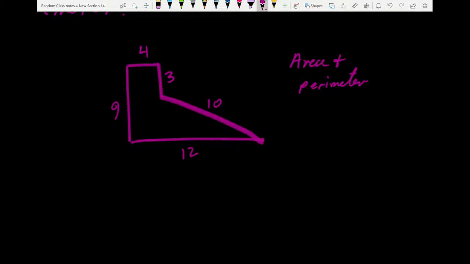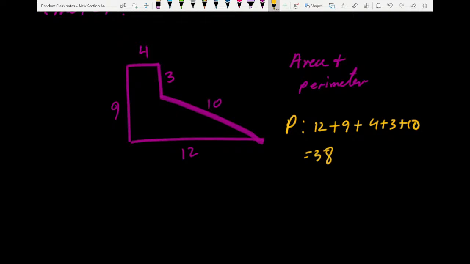First thing first, we could find the perimeter. Perimeter would be super easy. What would be the perimeter? 12 plus 9 plus 4 plus 3 plus 10. That would be 38.